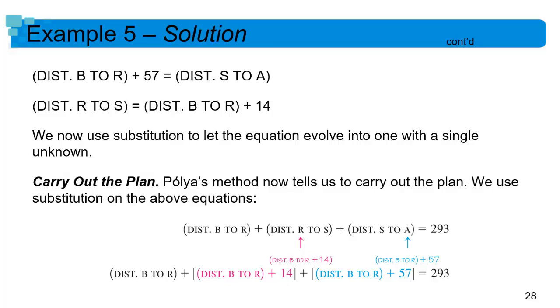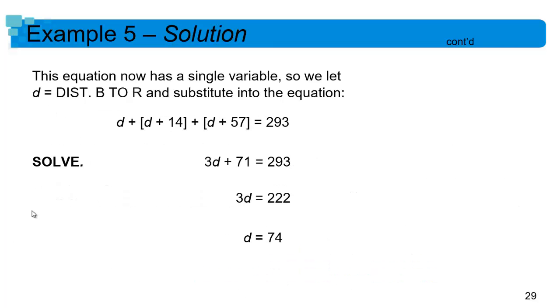And once you have that, instead of calling it Buffalo to Rochester, you can just call it D for distance. Plug those all in, right? D plus 14 plus D plus 57 gives you 3D plus 71. You move the 71 over, you divide by 3, and now you know it's 74 miles from Buffalo to Rochester.